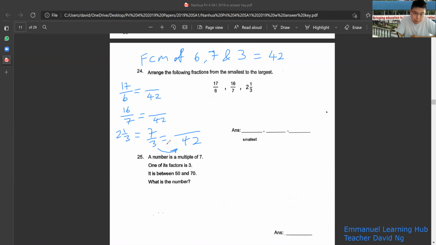Nope. 3 times 14 is 42. So 7 must times how many? Times 14 also. Yeah. No, it's 7 times 14. 2. No, 7 times 14 is not 2.